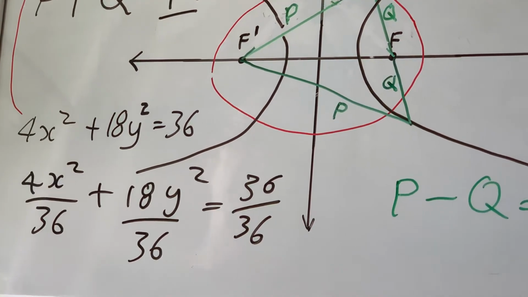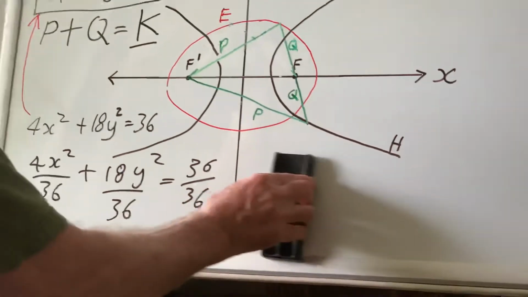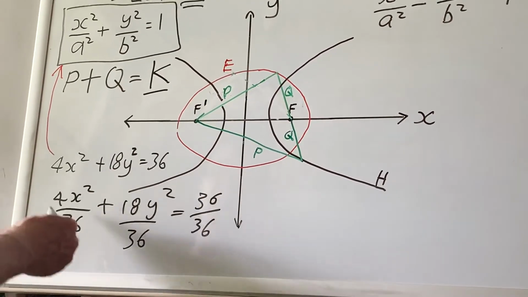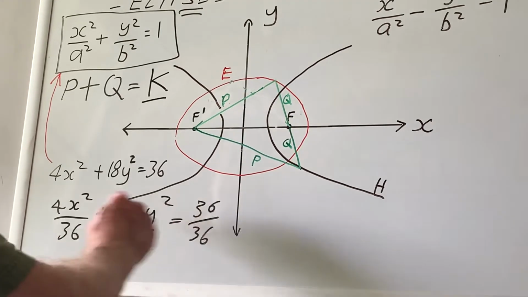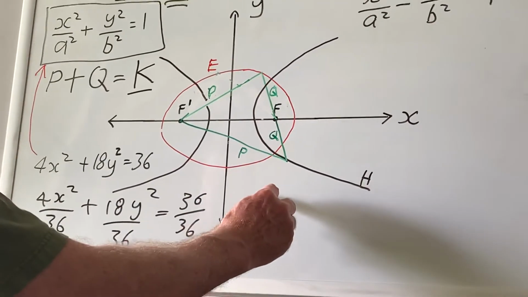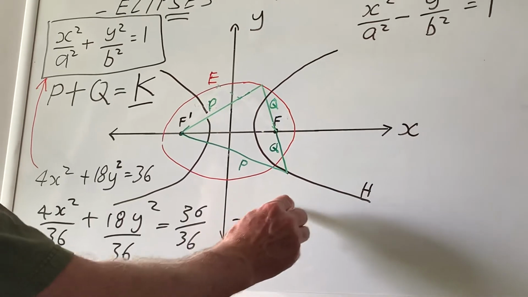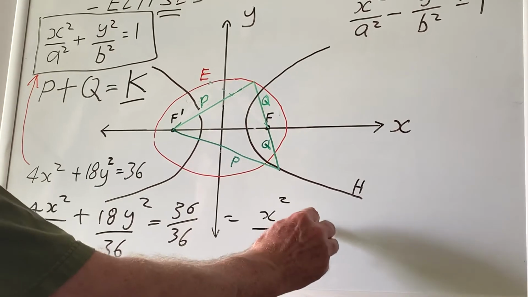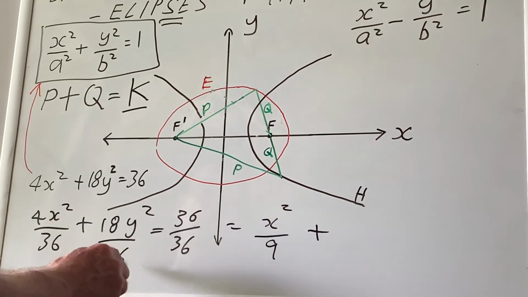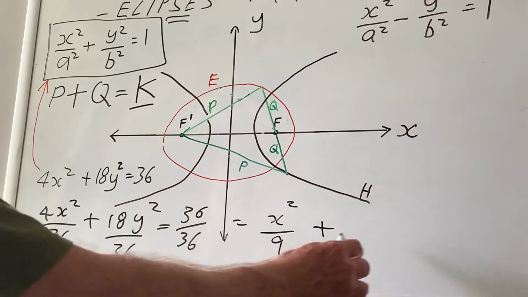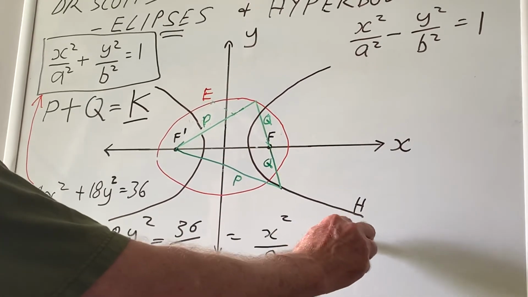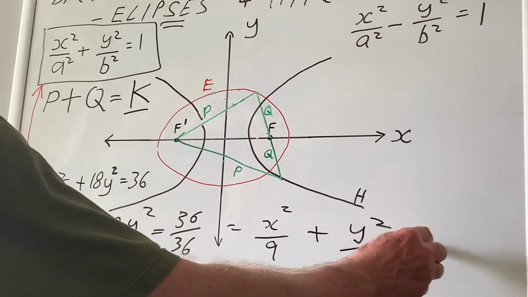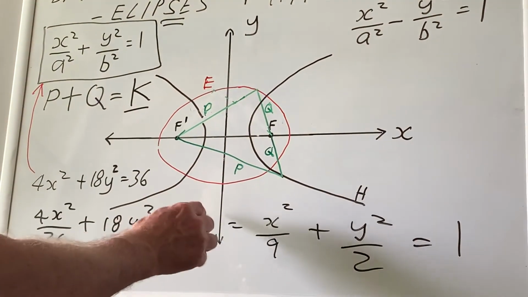Now we keep going with this equation. 4 on 36 is 1 on 9, so 4x squared on 36 equals x squared over 9, plus 18 on 36 is 1 on 2, so y squared over 2 equals 1, because 36 on 36 equals 1.